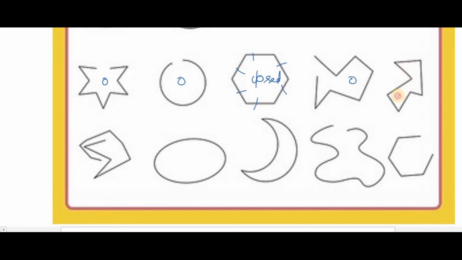All the edges touch each other, so it is also closed. This is open, this is closed. Crescent is an example of a closed shape. This is open, this is also open.